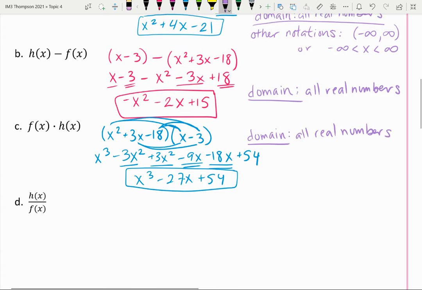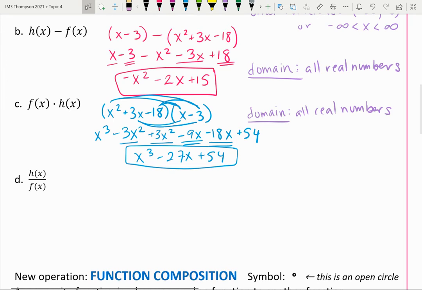Let me move that up for you. A, B, and C seem pretty benign. We get to D, division, and we actually will need to use some of our Math 2 skills for factoring. Let's see. So h of x goes on top, and then f of x goes on the bottom.